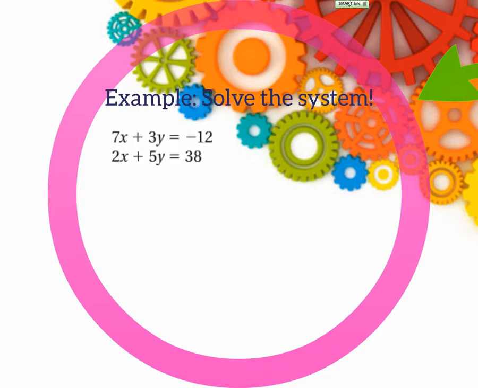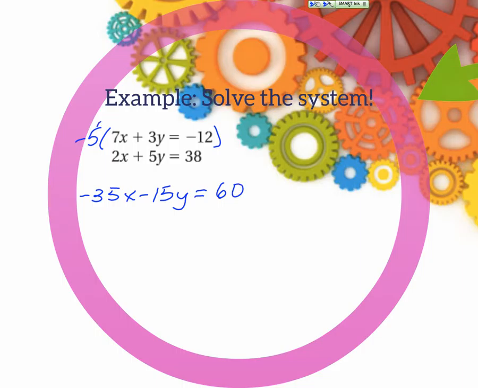So to do that, 3 and 5 are not opposites. I need something that's opposite so that they cancel out down to 0. When I look at 3 and 5, I can see they both go into 15. There's also more than one right way to do a lot of this stuff, so if you see something different, that's okay. I'm going to take my top equation, and I'm going to multiply that one by negative 5. And I'm going to just bring that down here. So I've got negative 35x minus 15y equals 60.